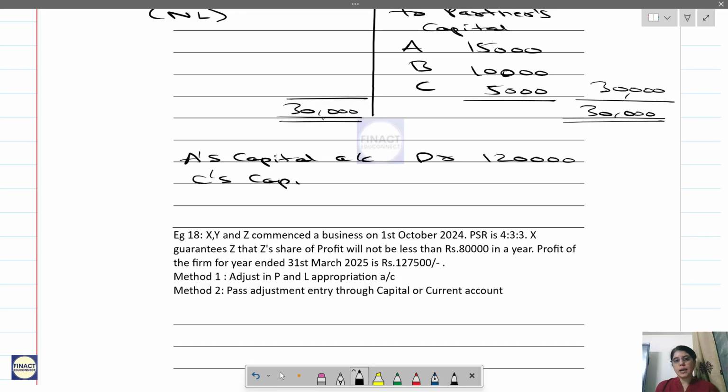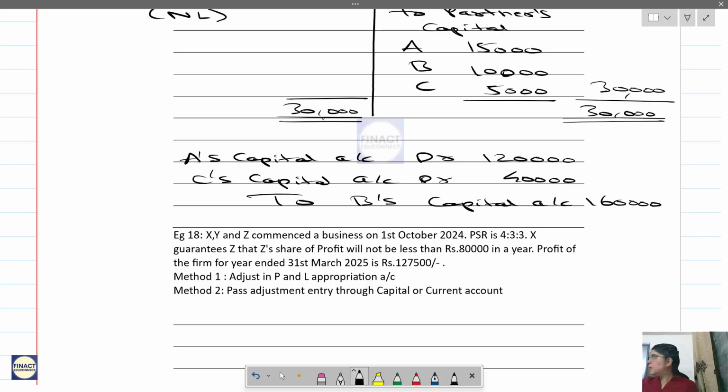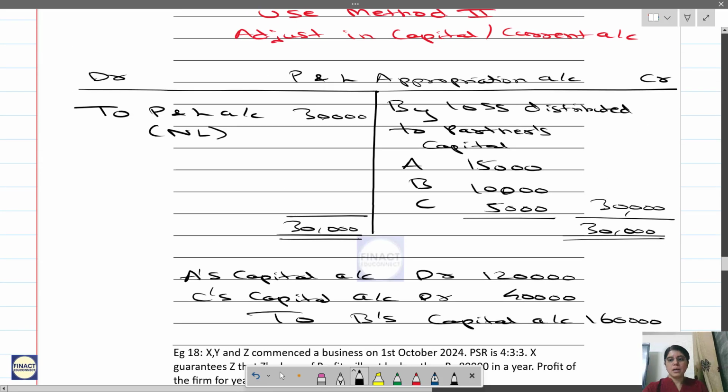C's capital account debit 40,000. To B's capital account 1,60,000. Did you understand this? Why we are not able to do it using method 1?